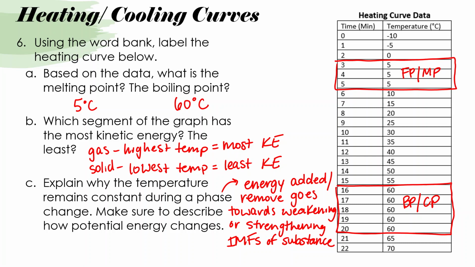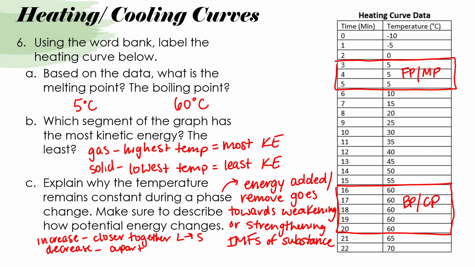So potential energy is going to increase when particles get closer together. So this would be during, say, if we convert a liquid into a solid or even a gas into a liquid. They're going to decrease when they're further apart.